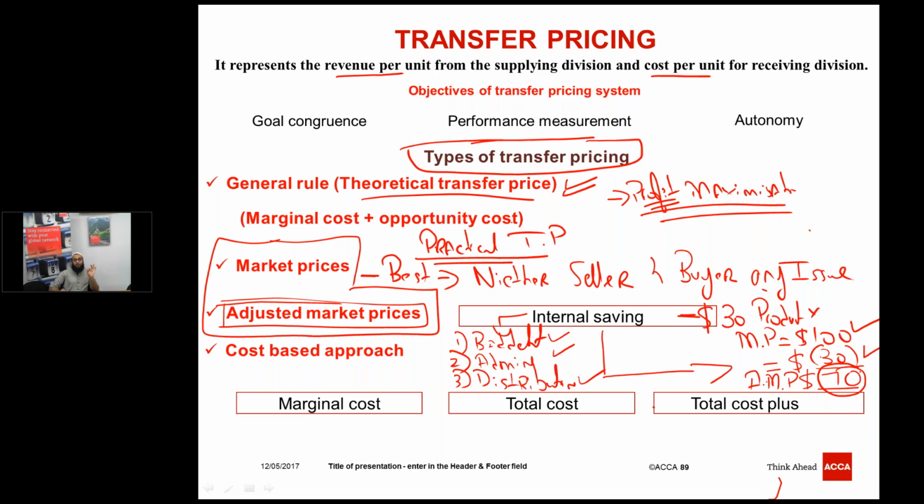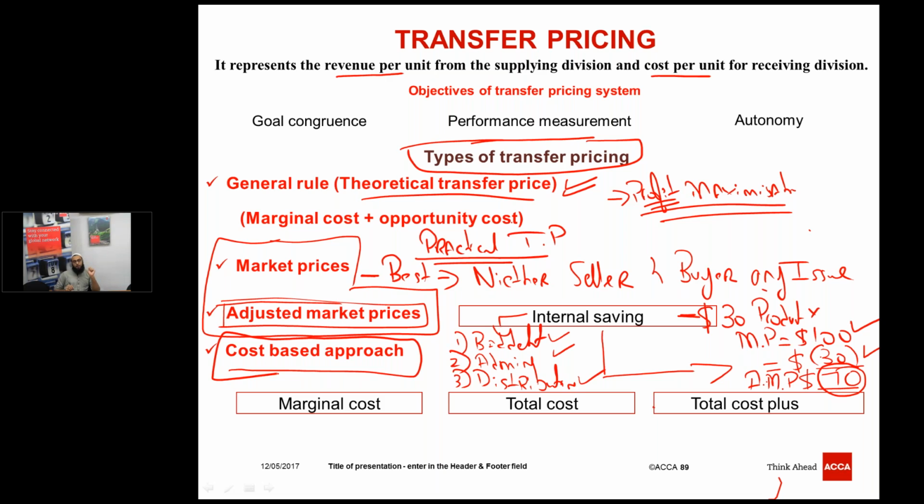This is because of the internal savings that will result because of the internal transfers. So this is adjusted market price. Now coming back to my point, when market prices are not useful, when market prices are considered not a reliable source of transfer price, then we are left with the last option, and that is cost-based transfer price.